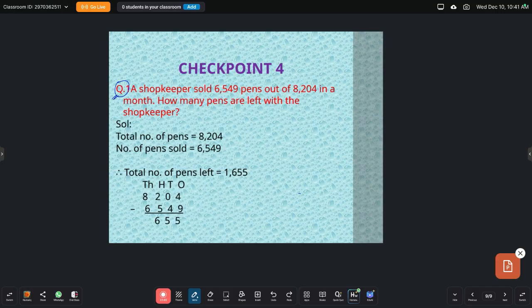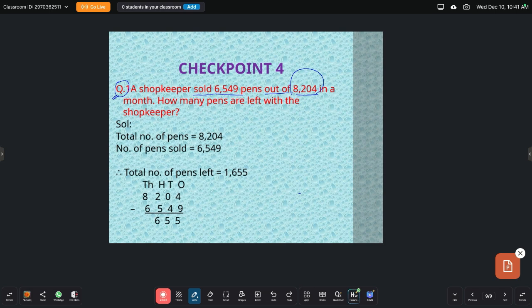Question number 1, here we have a shopkeeper sold 6,549 pens. तो इतने pens इसने बेचे हैं. Out of 8,204. Out of means the total number.